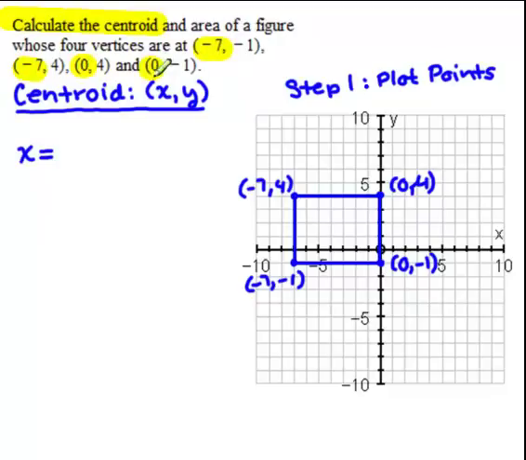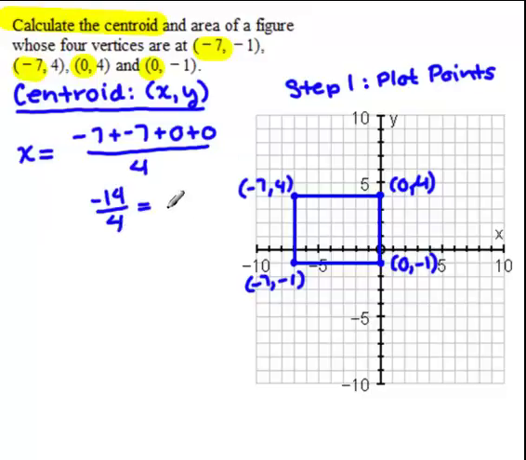So we're going to take these 4 x values and add them up and divide by 4. -7 plus -7 plus 0 plus 0 is -14. And we're going to divide that by 4 to get -3.5. And so that's the x value of our centroid.